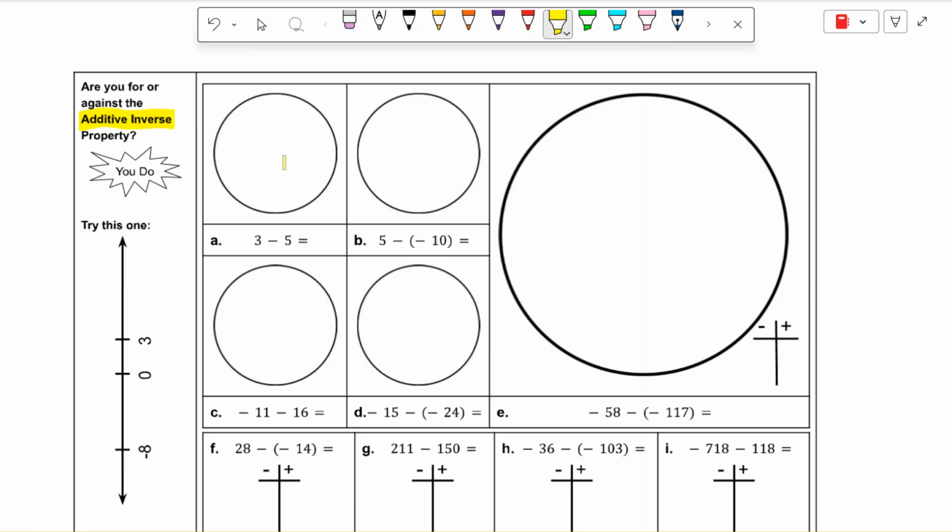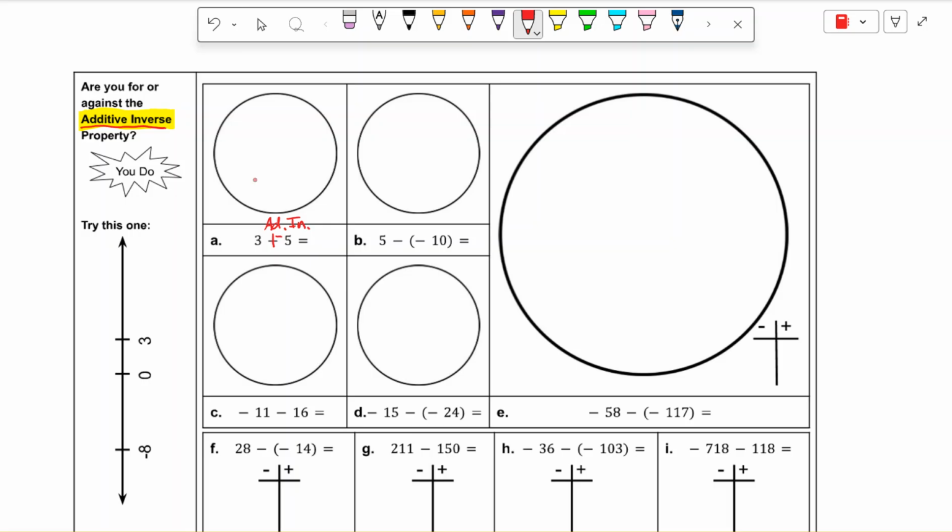So on these, we have circles, and I would like you to try the circle here. Now, if you're already a big time additive inverse fan, then you can go right away to it. I'll just put AD and then inverse. Okay. You would do this, additive, then the inverse of 5 is -5.